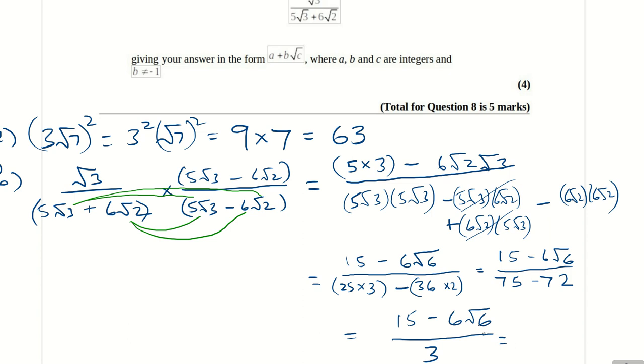So that equals 15 over 3 is 5, minus 6 over 3 is 2. 5 minus 2 root 6. So we've done it. Our A is equal to 5, our B is equal to -2, and our C is equal to 6.